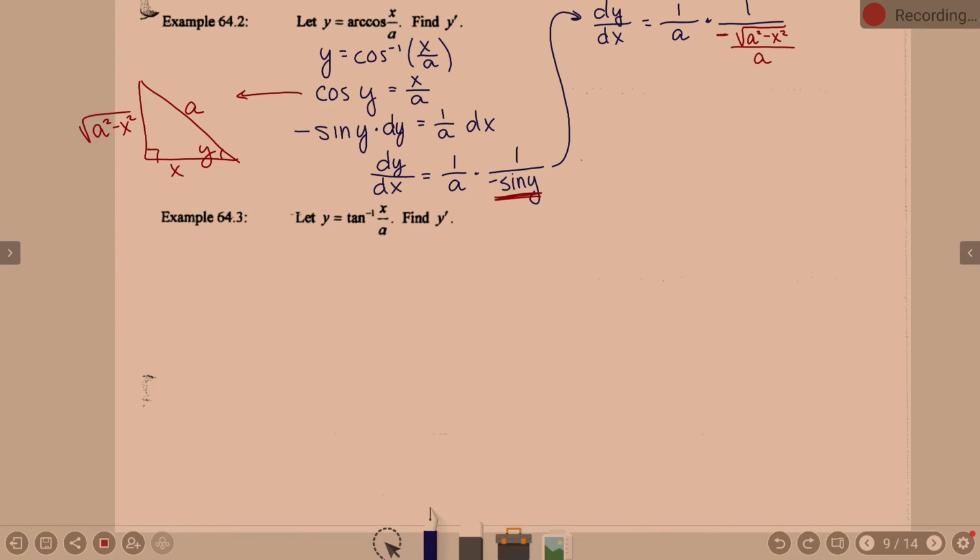And you maybe see where this is going. dy dx, still going to leave it as 1 over a. 1 divided by that fraction is 1 multiplied by the reciprocal. This can be negative a over the square root of a squared minus x squared.